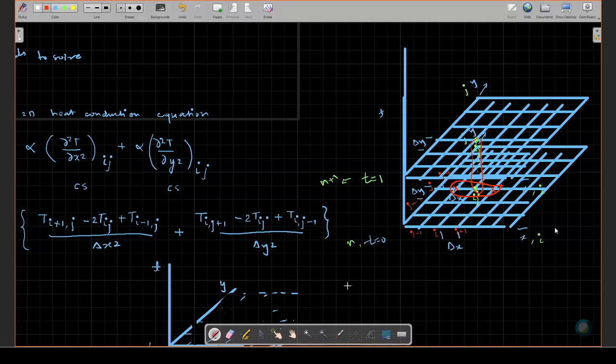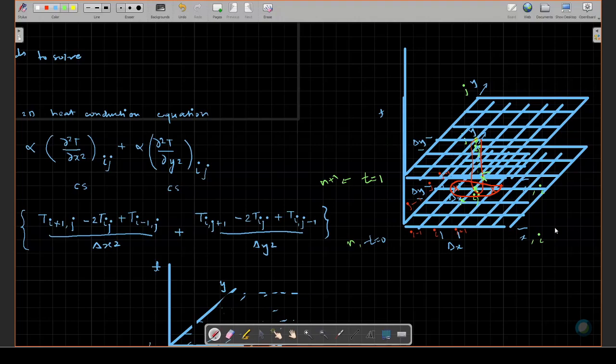And in the case of y square: t at i, j plus 1, minus 2 t_ij, plus t at i, j minus 1. So you see here, where is t at i, j plus 1? j plus 1 is the next point. And t_ij is this point. And t at i, j minus 1 is this point.